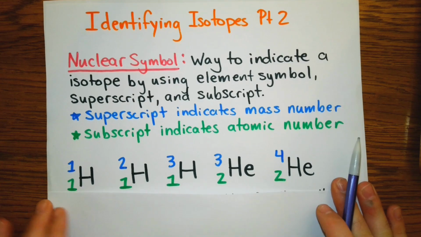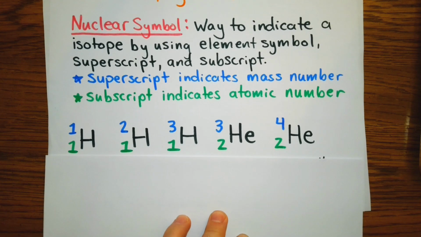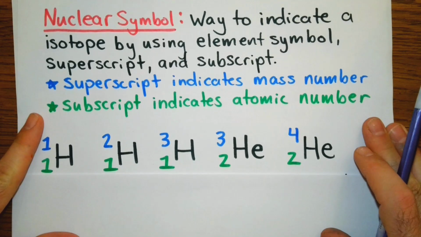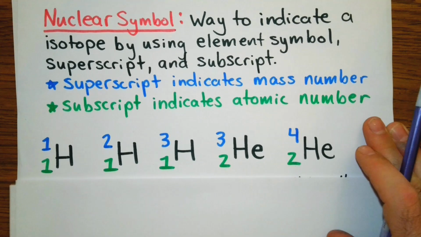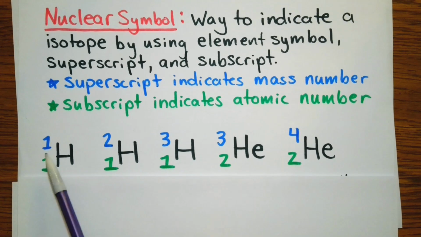So here are some examples of this. See if I can zoom in a bit. All right. We have hydrogen. It has an atomic number of 1, so it has 1 proton. It has a mass number of 1, and so that tells us it has 0 neutrons, because protons plus neutrons give us the mass number.